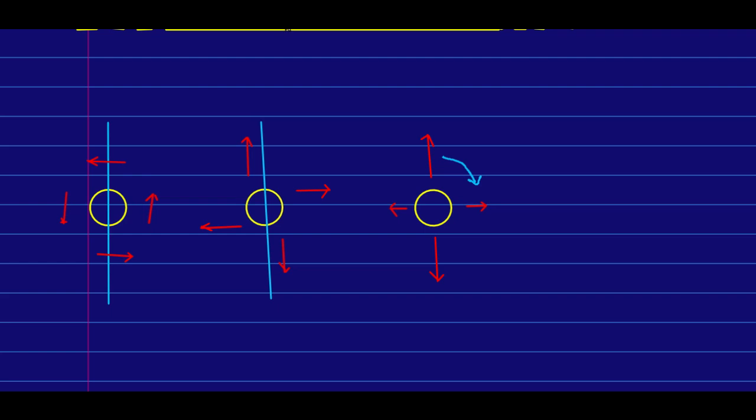So you can try various other possibilities, but the only possibility in this end view is if the field is pointing radially out everywhere, and at any particular distance out from the cylinder, it has to have the same strength everywhere at that distance. Now, the symmetry doesn't tell us whether it stays the same or gets weaker or stronger as we move out from the cylinder.